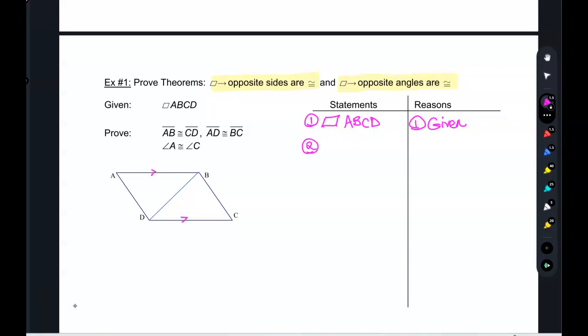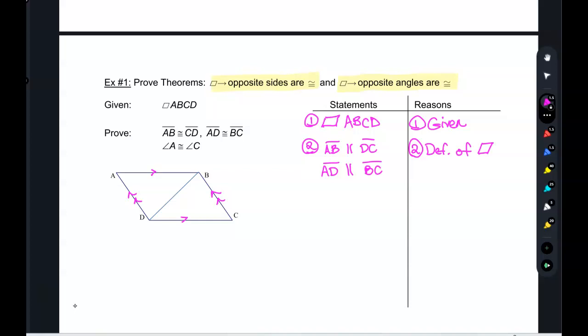So I can say AB is parallel to DC, and I can say AD is parallel to BC. And that is our definition of a parallelogram. Don't worry if your parallelogram doesn't look perfect. As long as it has four sides, I will know that it means parallelogram. Okay?